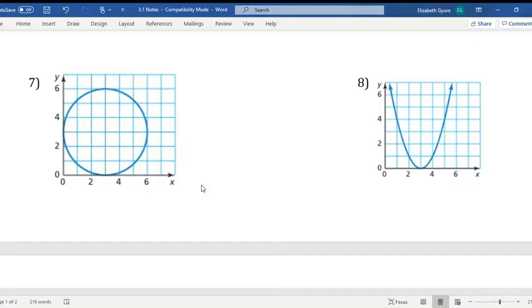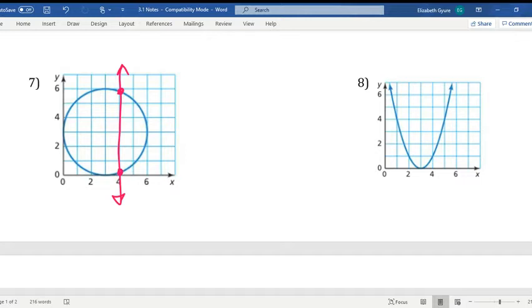So what that means again is if you draw a vertical line anywhere in this picture, it needs to go through it only 1 time if it's a function. So if I draw a vertical line anywhere I want through this, how many times is it going to go through your picture? Twice. Once at the top, once at the bottom.